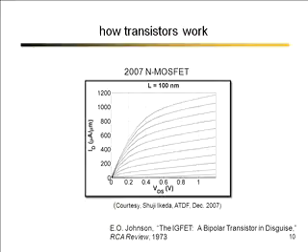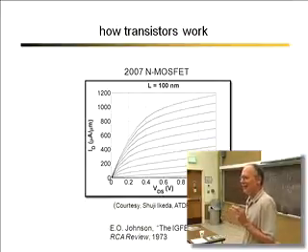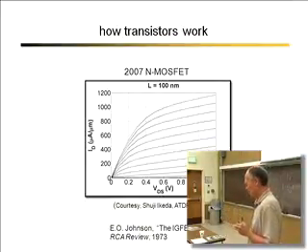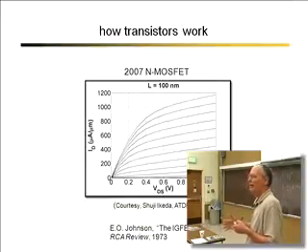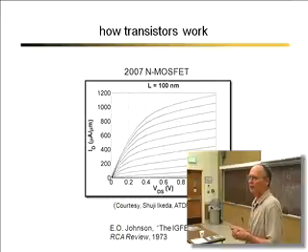What I find a useful way to understand these small devices is something that was first introduced by a fellow named Ed Johnson in 1973, who thought about how you think about a MOSFET. Oftentimes, if you take courses, you'll see that there are two main types of transistors that we talk about, bipolar transistors and MOS.